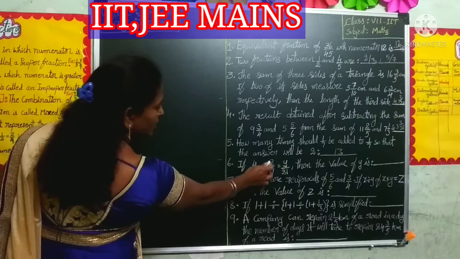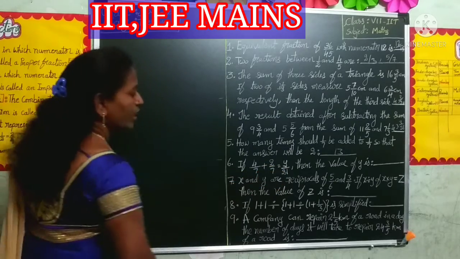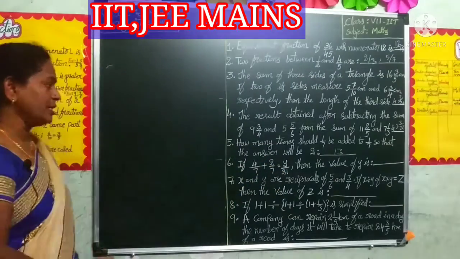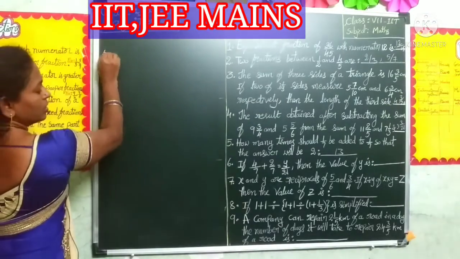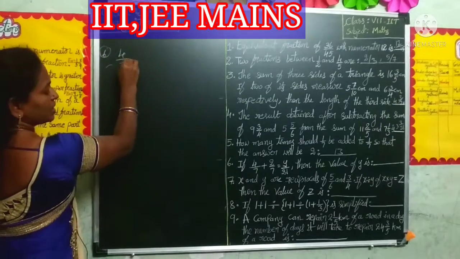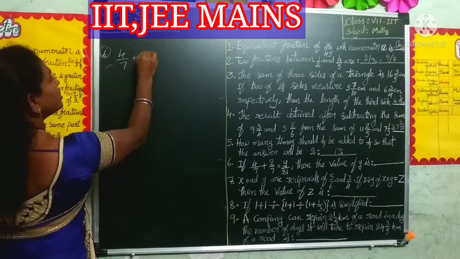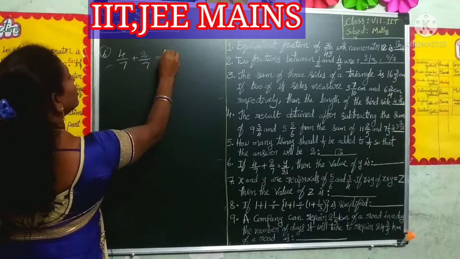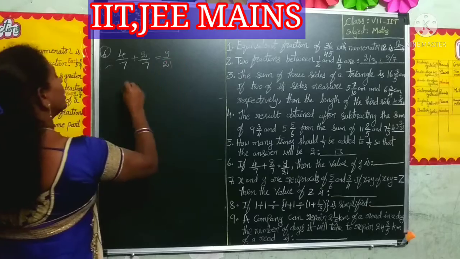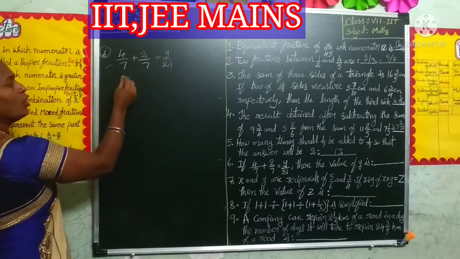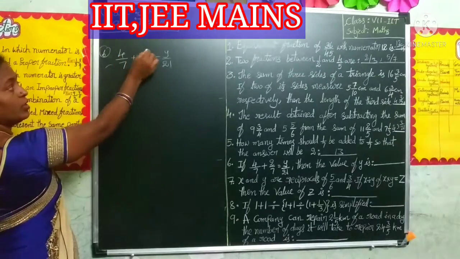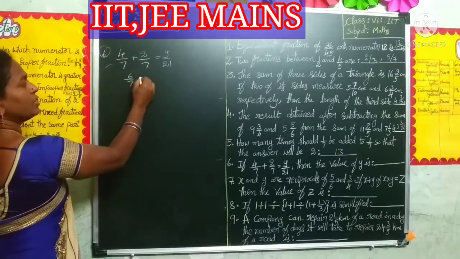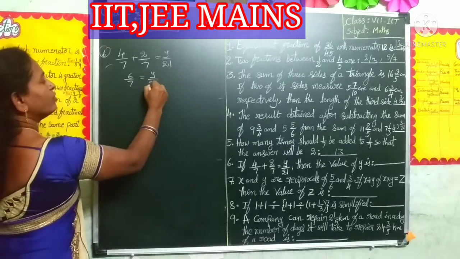4 by 7 plus 2 by 7 equal to y by 21. Then the value of y is? See, sixth one: 4 by 7 plus 2 by 7 is equal to y by 21. Here the denominators are equal, so add the numerators: 6 by 7 equal to y by 21.